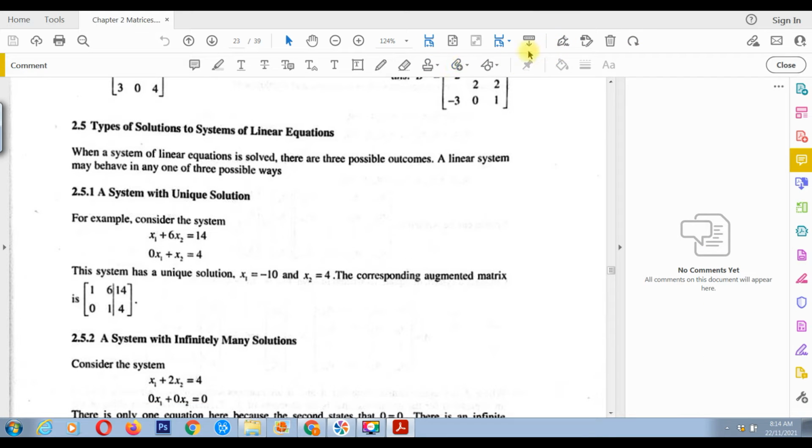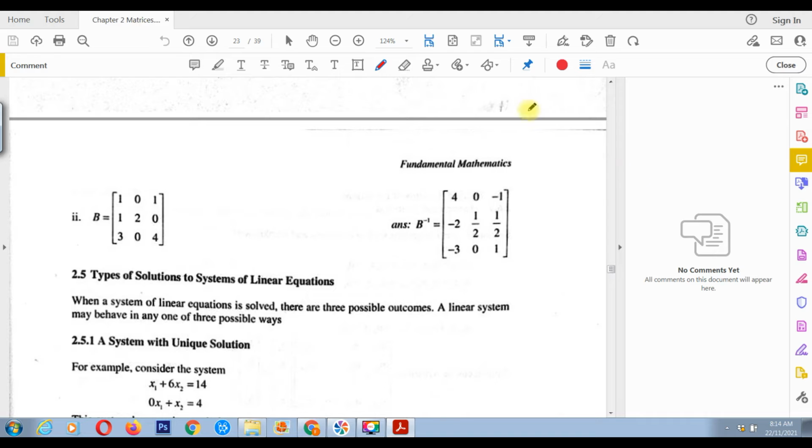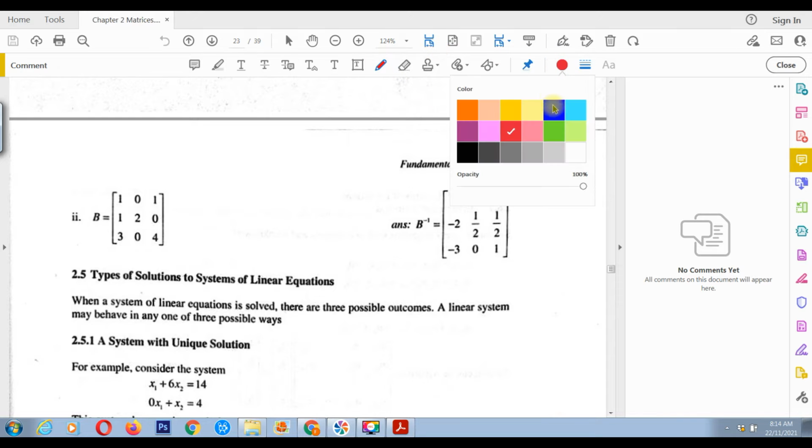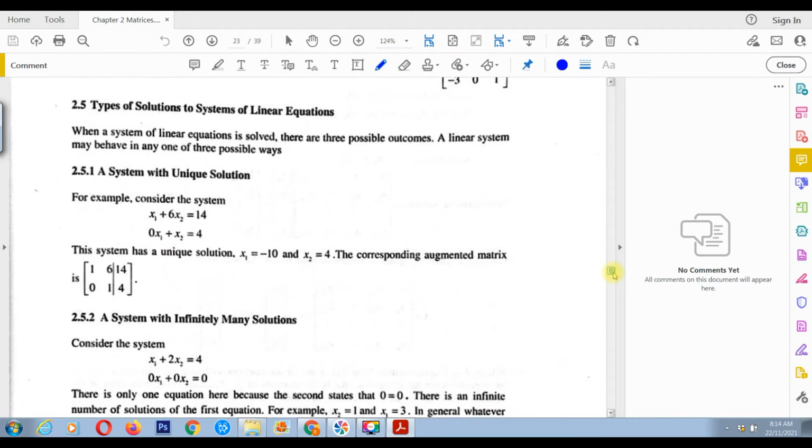We want both equations. Now, both equations. So we have a few types of solution. Some systems of equations have only a unique solution, only one solution. For example, this.